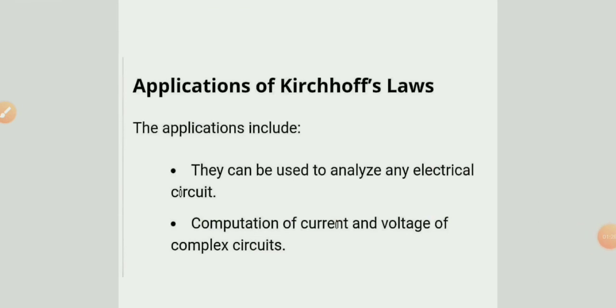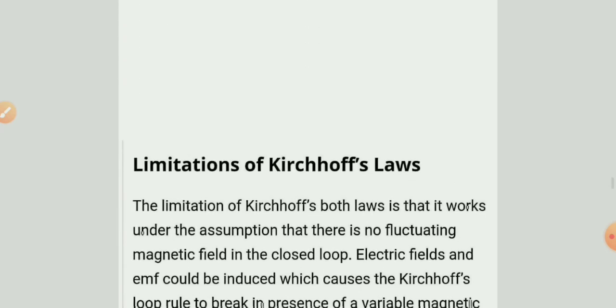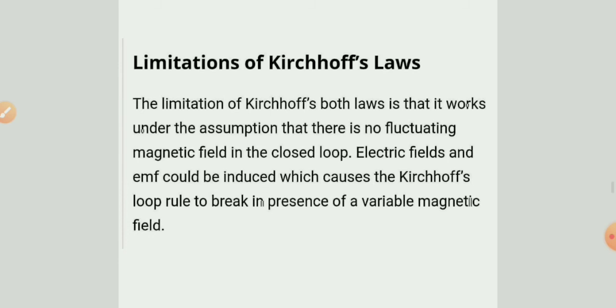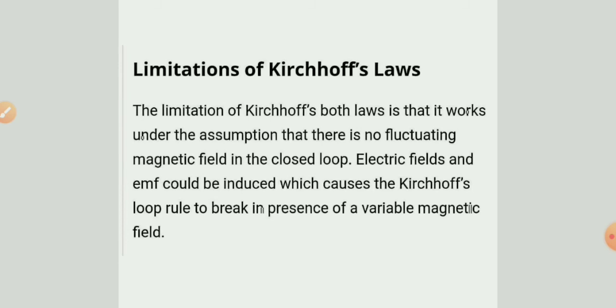Here are some applications of Kirchhoff law. First, they can be used to analyze any electrical circuit. And second is computation of current and voltage of complex circuits. Some limitations of Kirchhoff law are the assumption that there is no fluctuating magnetic field in a closed loop.